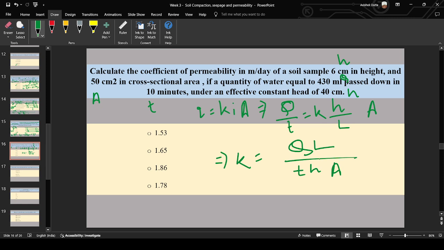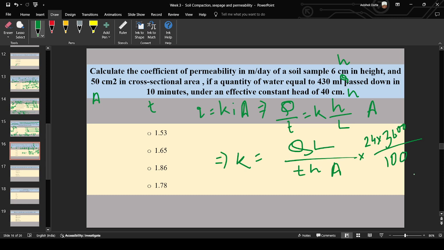So we can see that the units are in centimeter, but time is in minutes. So for converting the time, multiply whatever value you get by 24 into 3600, and to convert that into meter, divide by 100.